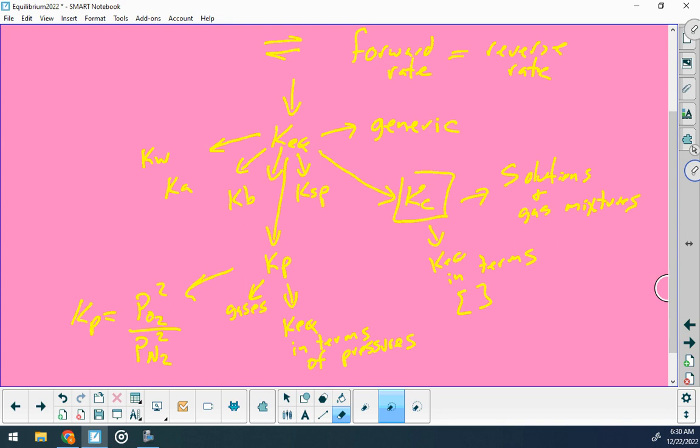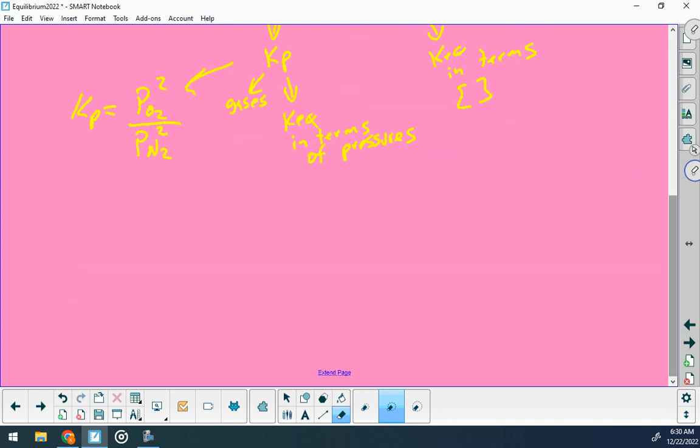Just to recall, if I have aA aqueous plus bB aqueous going to cC aqueous plus dD aqueous, then my Kc is the concentration of C raised to the c power, the concentration of D raised to the d power, over the concentration of A to the a power and B to the b power.